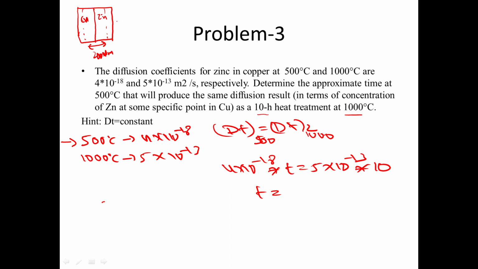To produce the same diffusion depth in the same diffusion couple, this one at 1000 degrees Celsius and this one at 500 degrees Celsius, what will be the time taken?